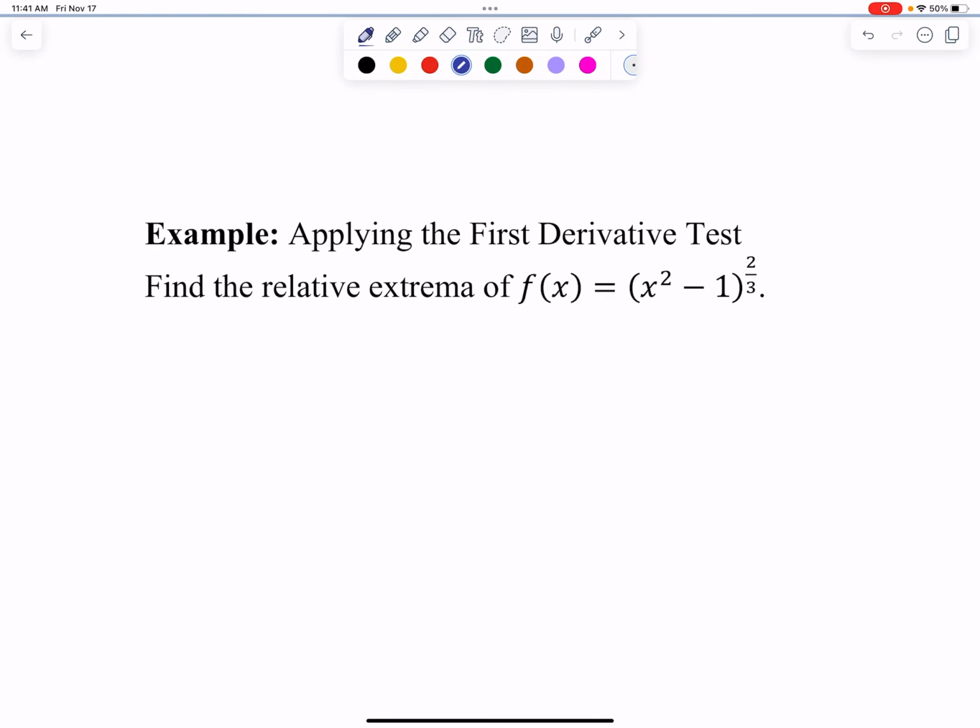If you pause this, or actually even if you watched it, you can get a point of extra credit on the 3.1 through 3.4 quiz, which will be after break, if you email me before we get back from break, so before your class happens after break on that Monday, a video of you teaching someone else how to do this problem, explaining finding the relative extrema using the first derivative test for this function.